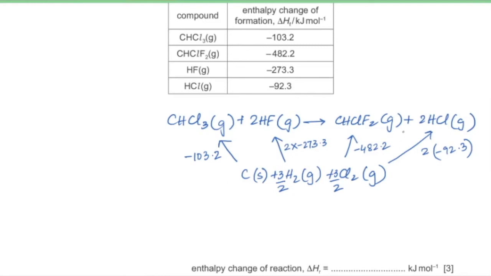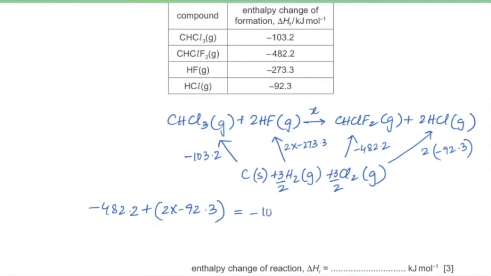The direct route is the formation of CHClF2 and 2 moles of HCl right from the elements in their standard states. So negative 482.2 plus 2 into negative 92.3 is going to be equal to the enthalpy for the indirect route. The indirect route is from these elements in their standard states to first CHCl3 plus 2 moles of HF, and then again to CHClF2 plus 2 moles of HCl, while this is unknown to us.